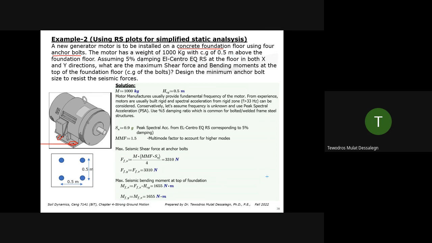Assuming 5% damping, a central earthquake response spectrum, which is that plot we have seen, in both x and y direction, what are the maximum shear force and bending moments at the top of the foundation floor, or the CG of the bolts? Design the minimum anchor bolt size to resist the seismic forces.